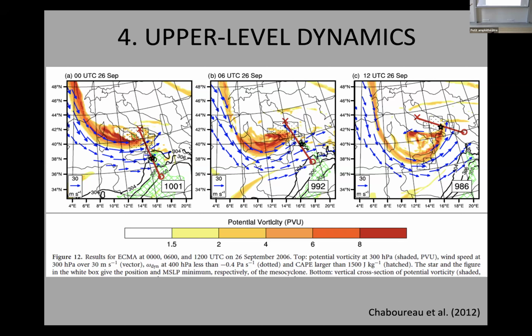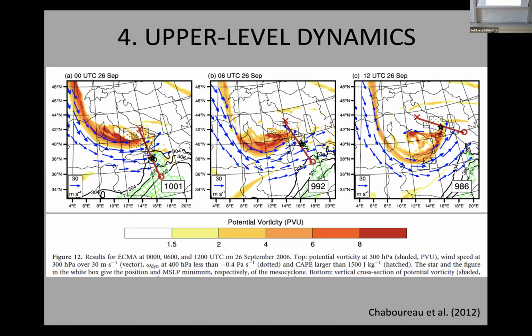And you see that at a certain point, the PV streamer interacts with the cyclone. And this is the phase when the cyclone intensifies the most. So for sure, there is an important role of the upper level feature in the development of the cyclone.